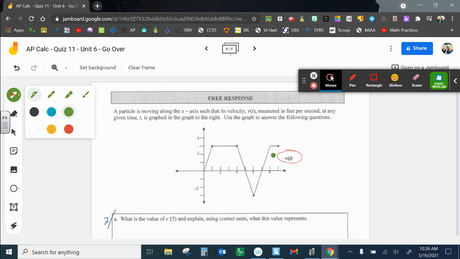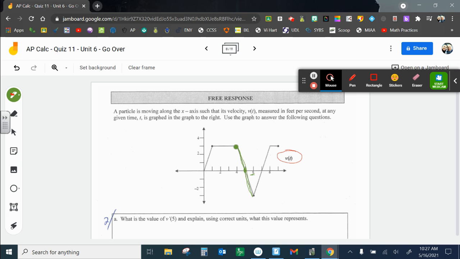Oh, that's the derivative. That's the rate of change of velocity. So at 5, where are we here? 2, 4. Oh, this is 5. I thought this was 5 right here. So this is the value 5 right there. And it's on this segment. So it is the derivative, which is, again, the rate of change. So I just find the slope of this.